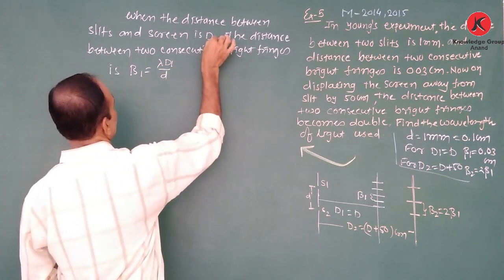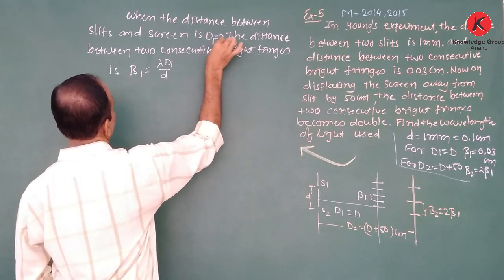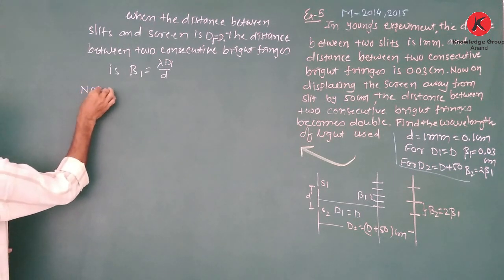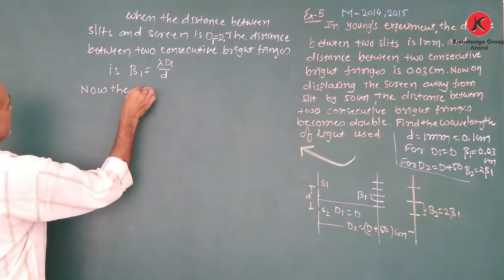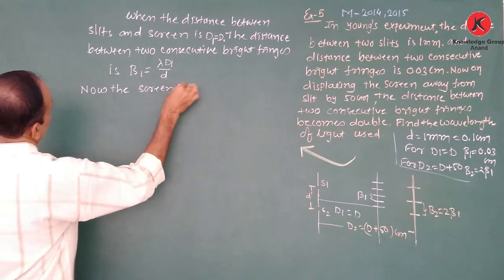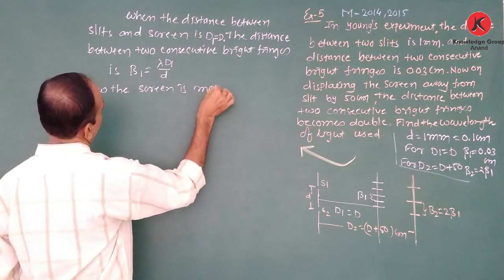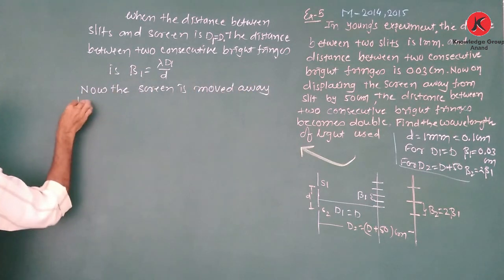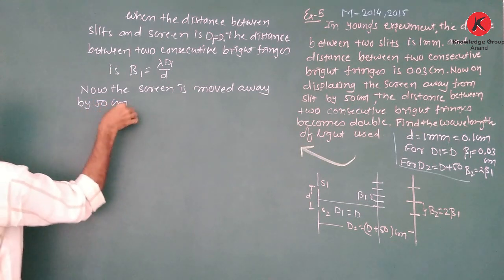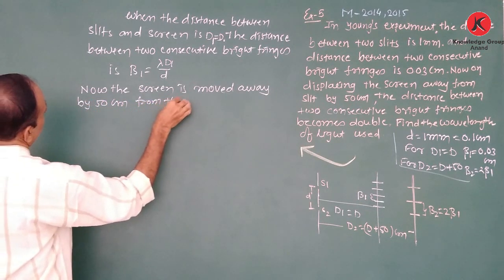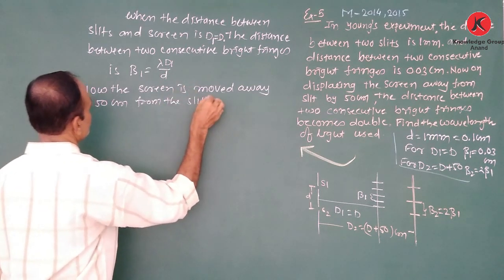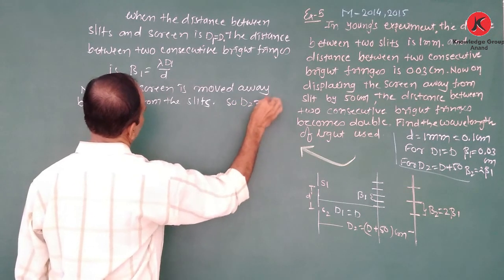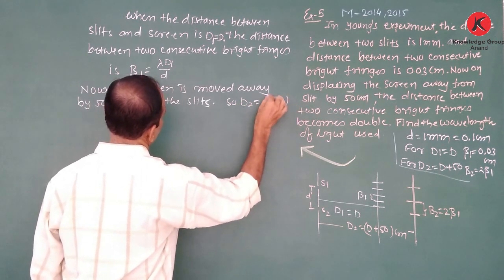And here we take this distance D1 as D. Now, the screen is moved away by 50 centimeter from the slit. So D2 is equal to D plus 50 centimeter.